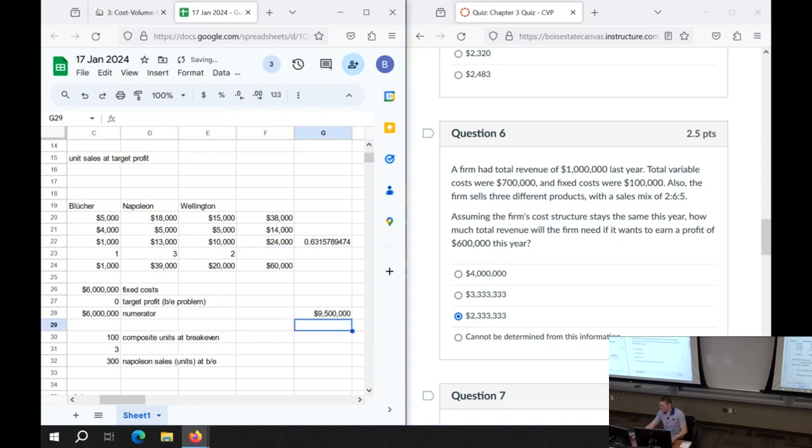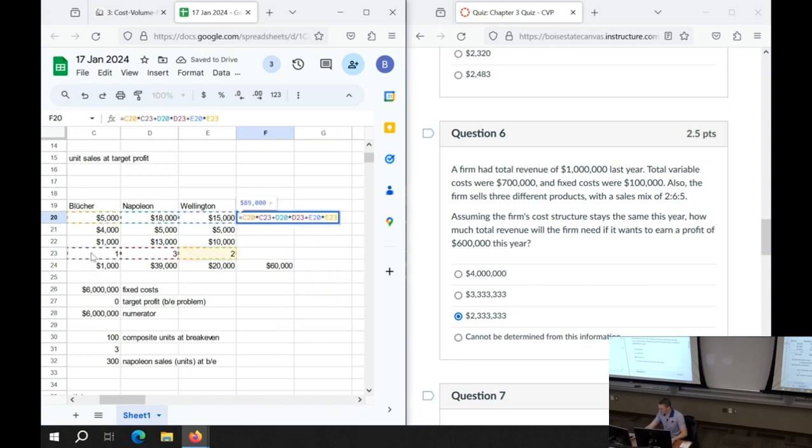If this did reflect the sales mix, but it doesn't. I've assumed that I sell 1 to 1 to 1. I've taken this sum. So instead, I need to do that thing I was doing. So each composite unit, let's get rid of that.